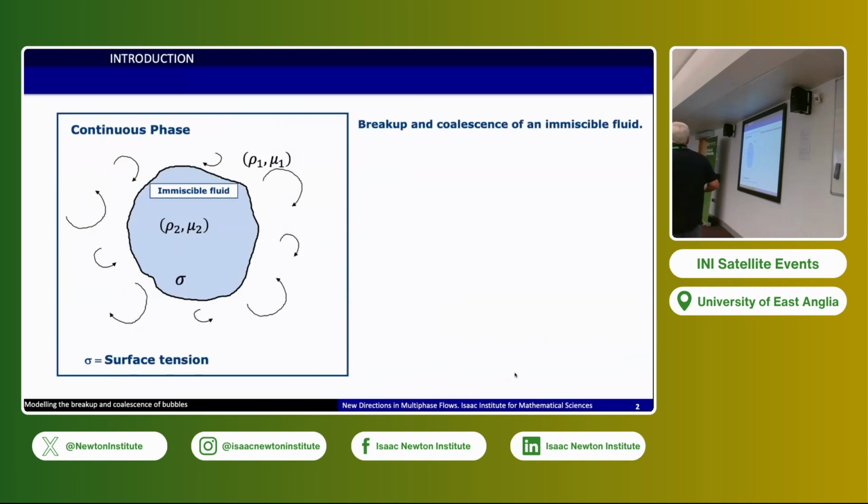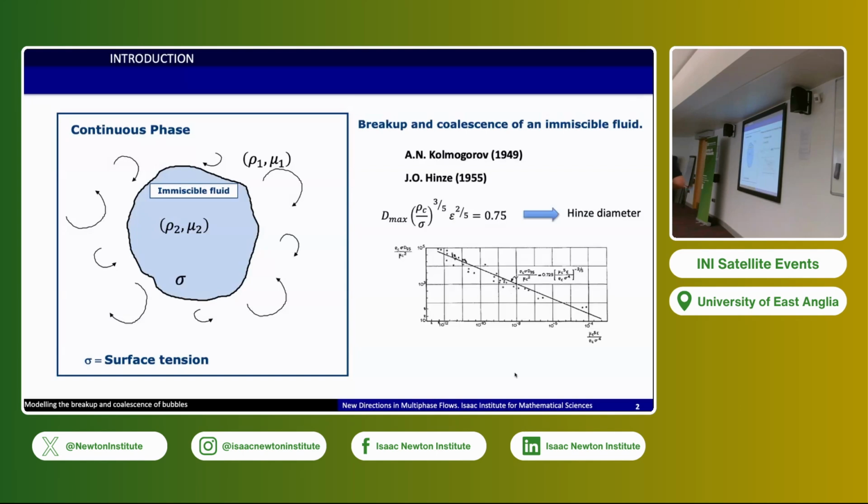The problem can be simplified by studying the behavior of an inviscid fluid immersed in a liquid flow, a turbulent flow maybe. If the turbulent stresses acting on the surface of these bubbles are larger than the confining stresses due to surface tension, the bubble will break, and we'll try to describe the evolution of this population of bubbles that is formed, right? The problem was already studied a long time ago in the early 50s by Kolmogorov and Hinze.